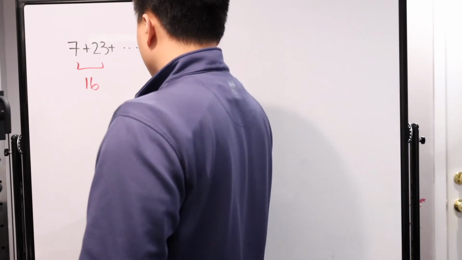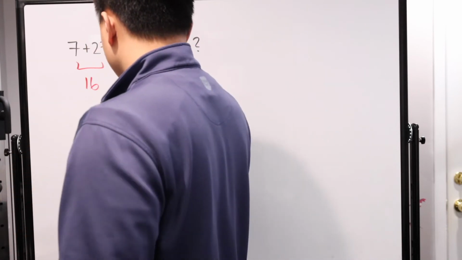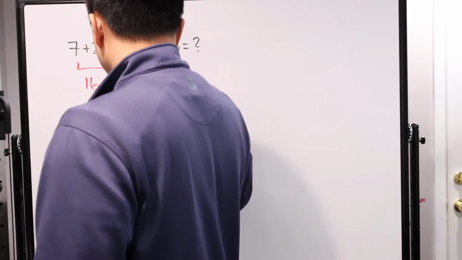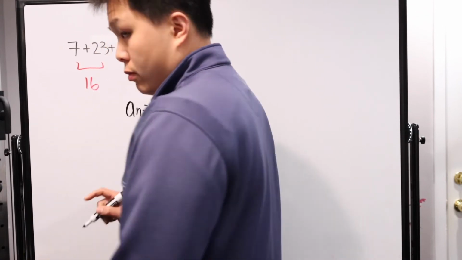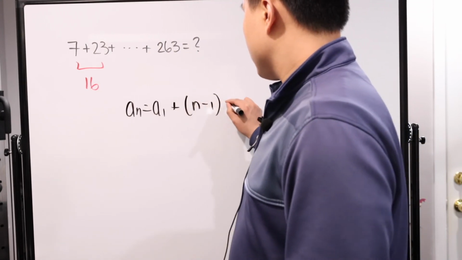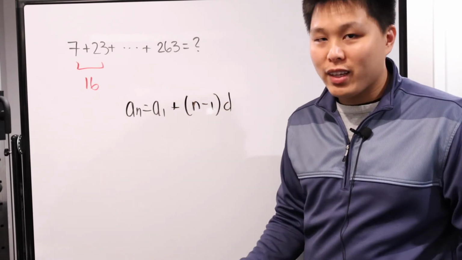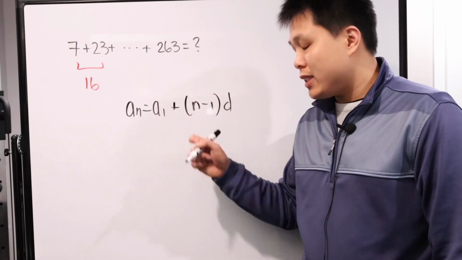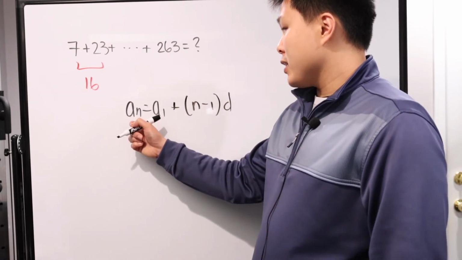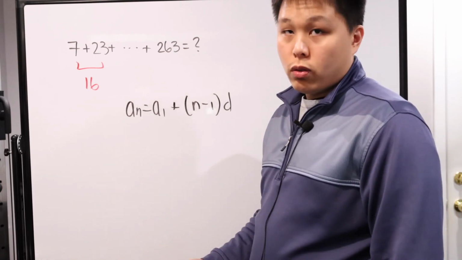We don't know what the number of terms is, but we can actually use this formula right here. So we have a sub n equals a sub 1 plus n minus 1 times d. Because, guess what? We have almost all the information. The only thing we're missing is the n, and that's what we're looking for, right? The reason we have this is because a sub n usually means the end of the sequence or term.